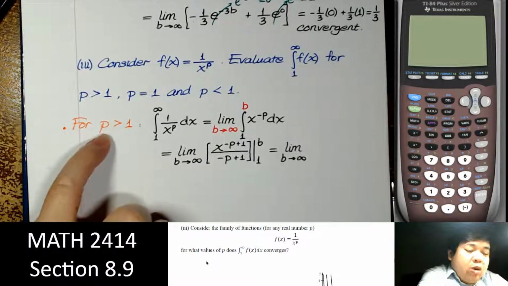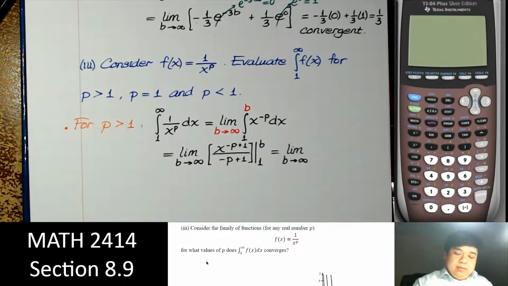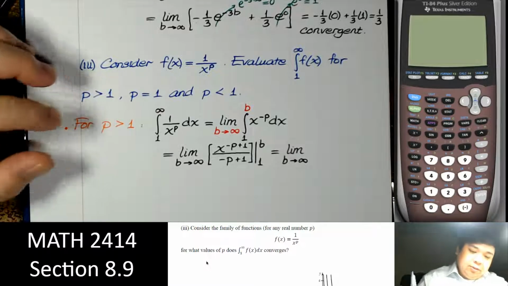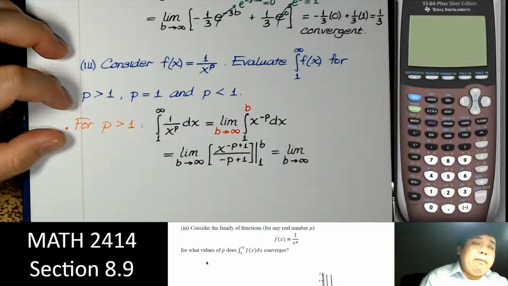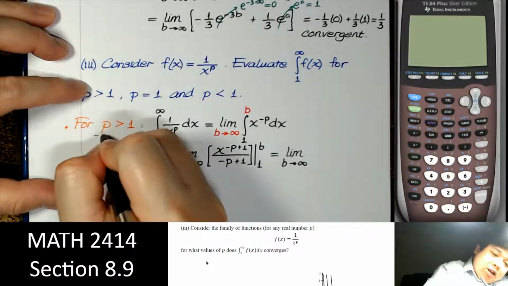Notice that when p is bigger than 1, how do I do this? Now let's make it minus p on both sides.